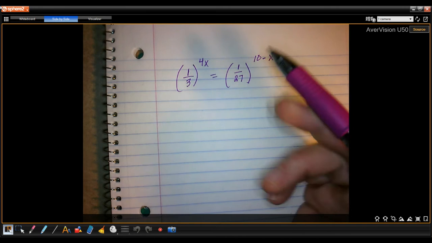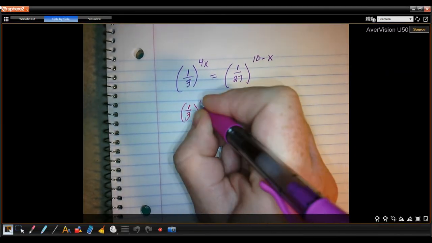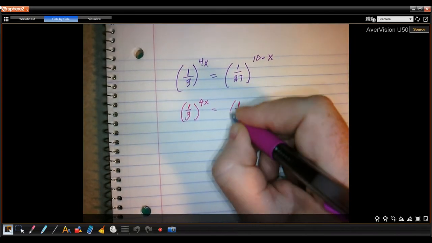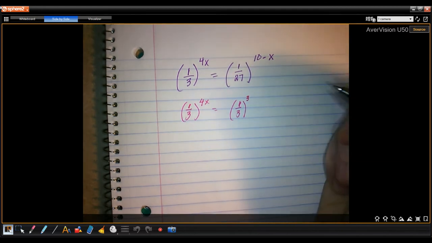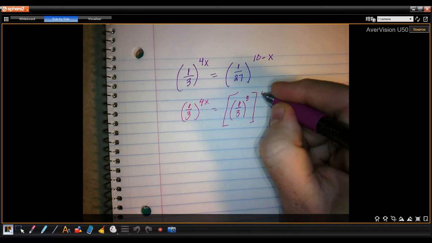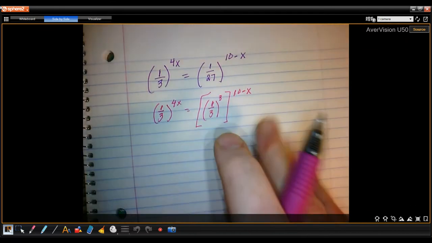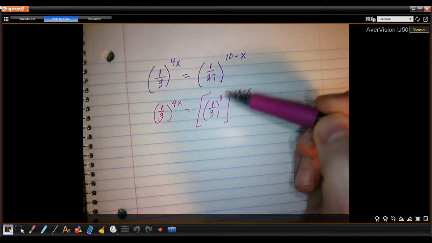Can I make this the same base? Sure. So 1/3 to the 4x equals, 3 times 3 is 9, cubed, so 1/3 cubed, all of this to the 10 minus x. All you're doing is rewriting this as this right here. You're just rewriting it, but they're the same base.